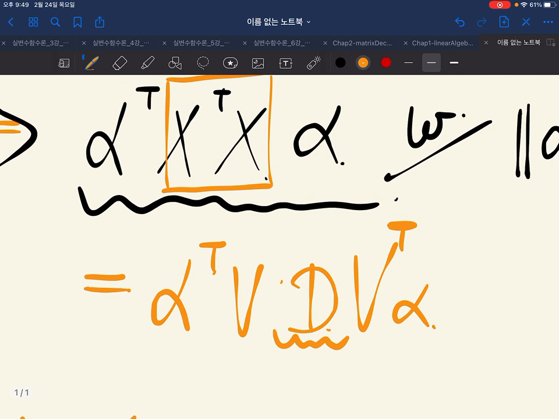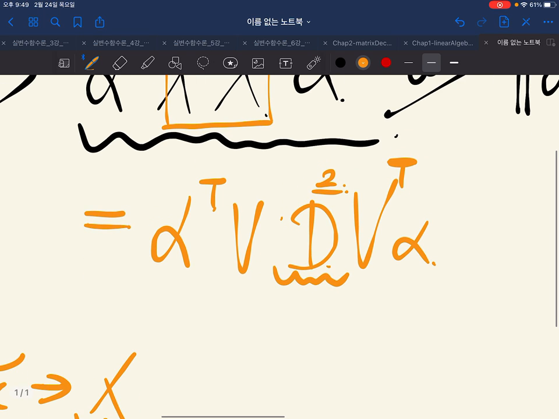Sometimes in order to express that using the fact from the singular value decomposition, we put a square. So I'm going to put square to show that the diagonal elements of this diagonal matrix are at least non-negative.